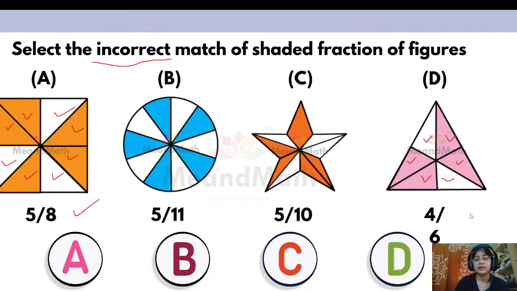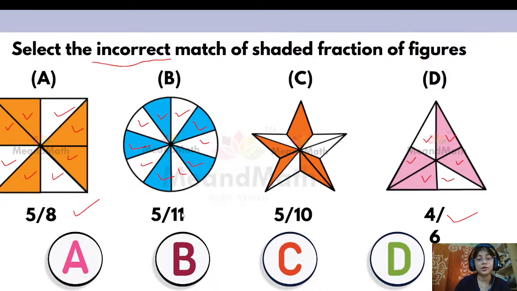So now we are going to see for B and C, right? So in B, let us look at how many parts. 1, 2, 3, 4, 5, 6, 7, 8, 9, 10. Oh, there are 10 equal parts, but the denominator is given as 11.